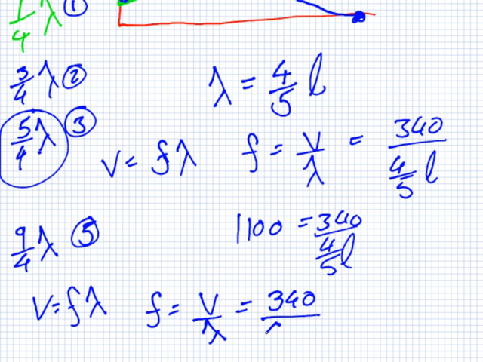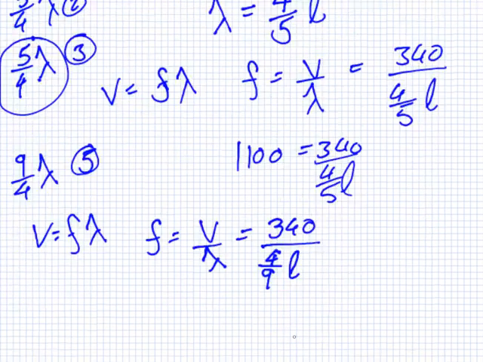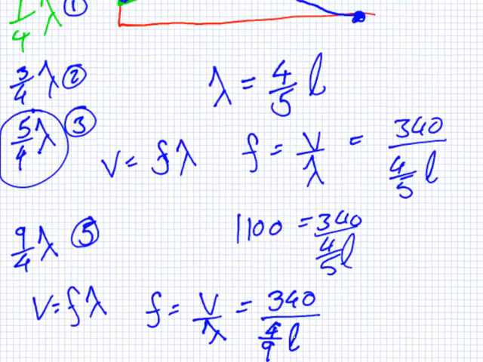It'd be 4/9 the length of the pipe. Okay. So 340 over 4/9 times the length of the pipe, which doesn't change, 0.386. Okay. And then 1982.